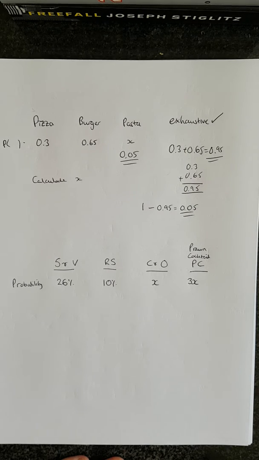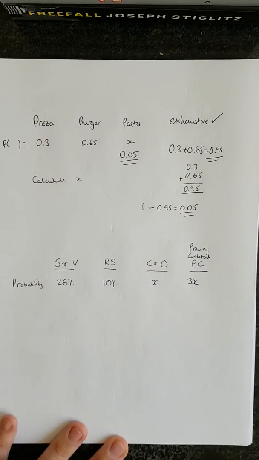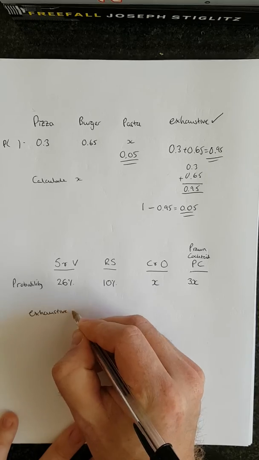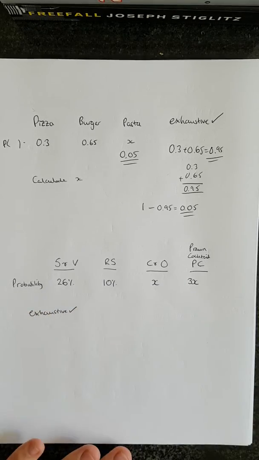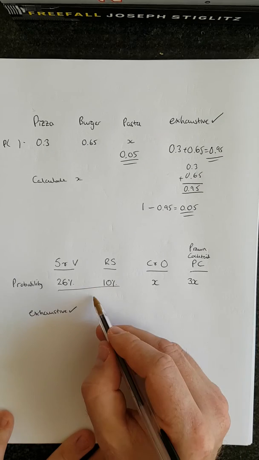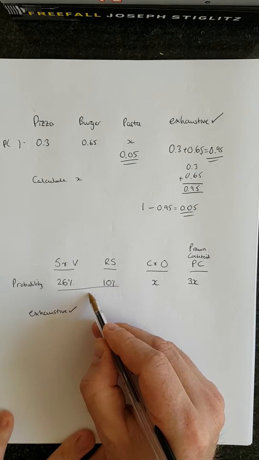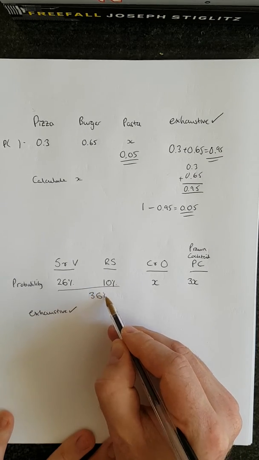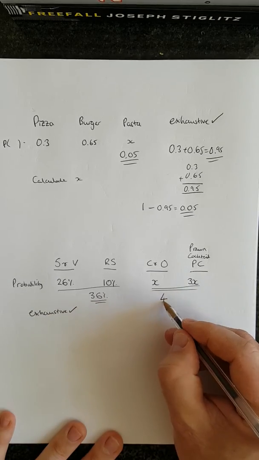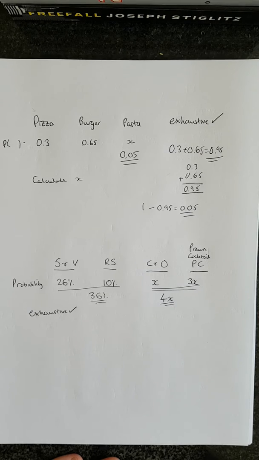Okay, these were the only 4 options available, so they were exhaustive, which means they add up to 1. So the pair I've got as numbers add up to 36%, and the other pair makes 4x.